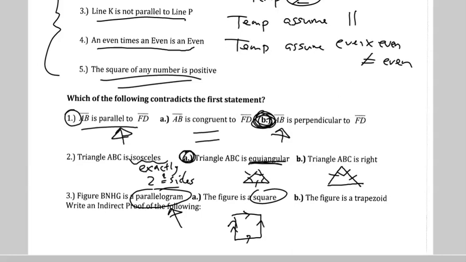That's both pairs of opposite sides parallel. That's a square, so that one does not contradict it. Ah, a trapezoid. Is it possible for it to be a parallelogram where both pairs of opposite sides are parallel and be a trapezoid? Those two things cannot happen together. They are mutually exclusive, okay? Therefore, that would be your contradiction.